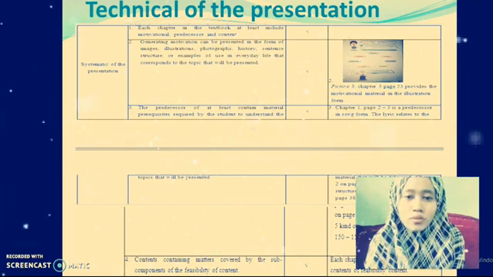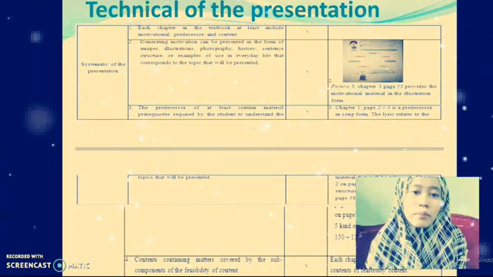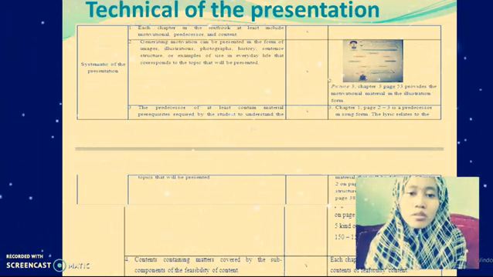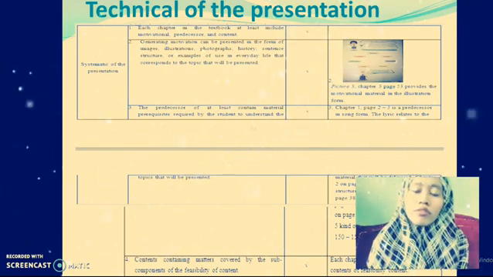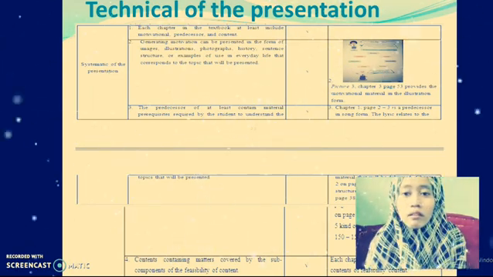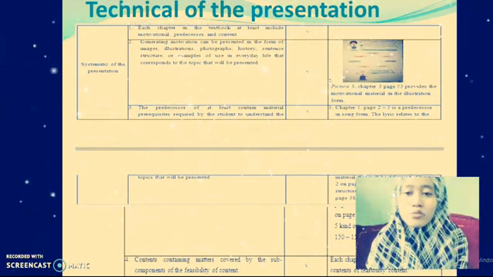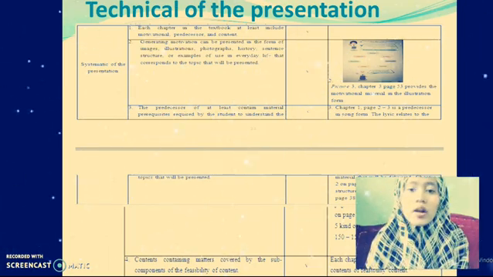And also the predecessor should at least contain material prerequisites required by students to understand the topic that will be presented. This is fulfilled because chapter 1 page 2 until 3 is a predecessor in some form.